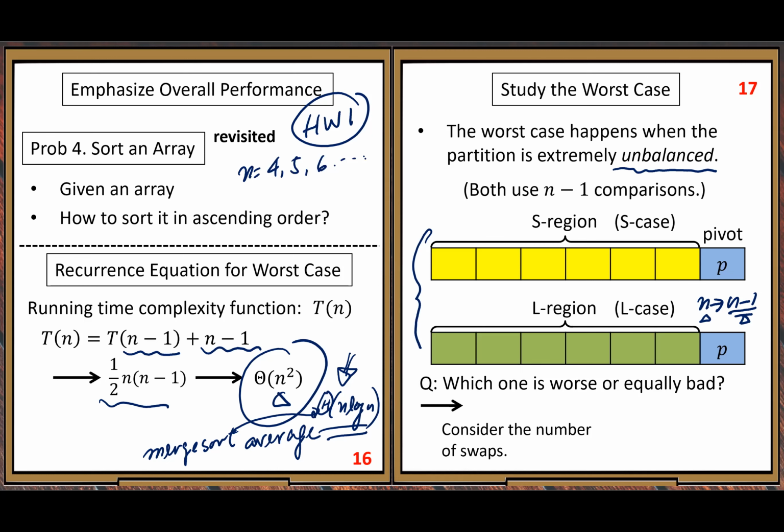But I noticed many students apply the formula n log n and plug in those numbers. That's not right, okay? These n log n come from the asymptotic notation.